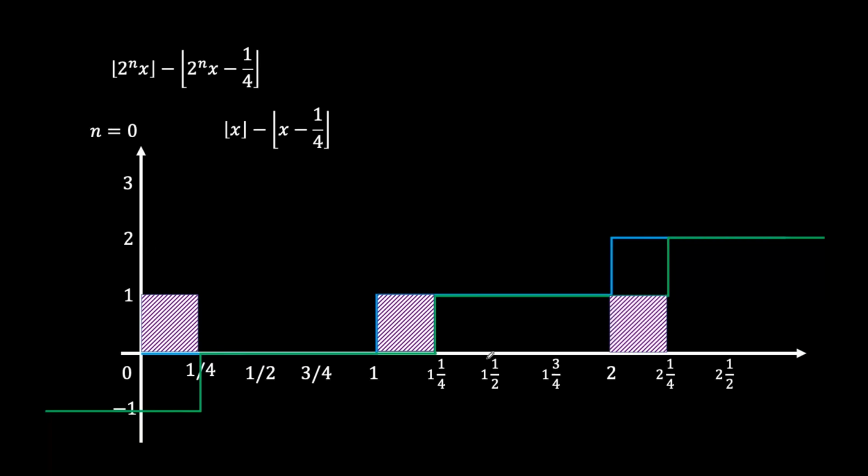So we only have these 1 intervals from 0 to a quarter, from 1 to 1 and a quarter, and from 2 to 2 and a quarter. So this only happens when the function is transitioning to the next integer. Because of the lag that exists between these two functions, you have a difference of 1 for the duration where the two functions are not equal.